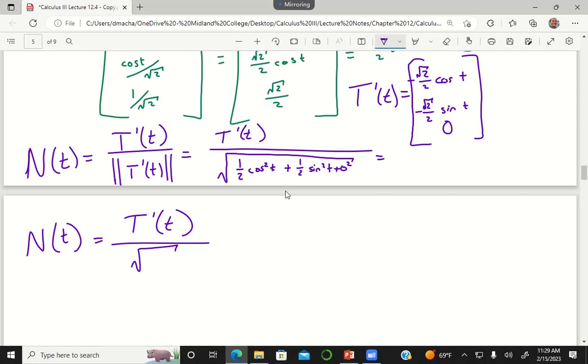Because cosine squared plus sine squared is again 1, so we're talking about 1/2. I can take the reciprocal here and just call it root 2 t prime of t.